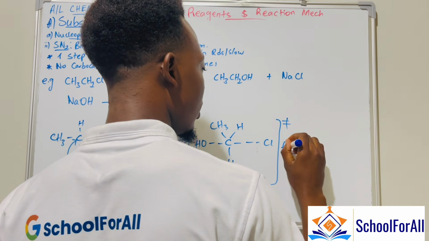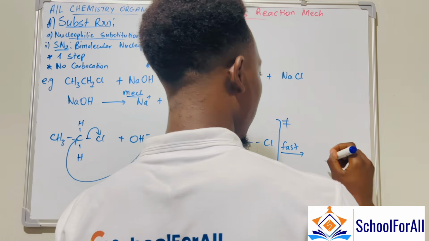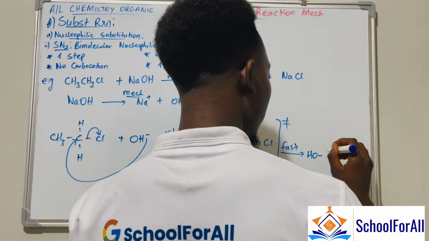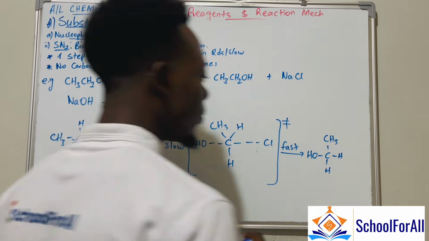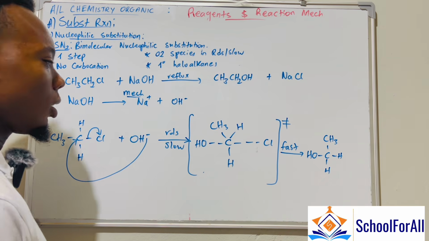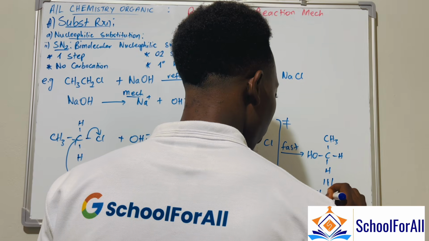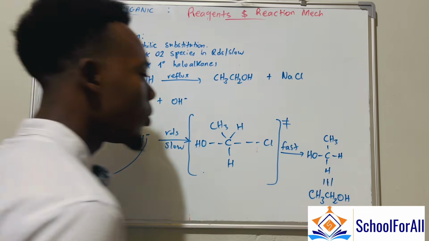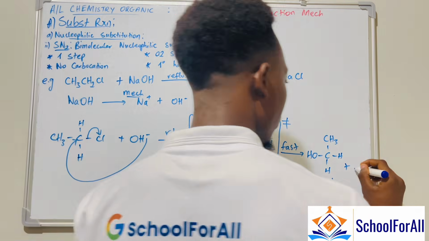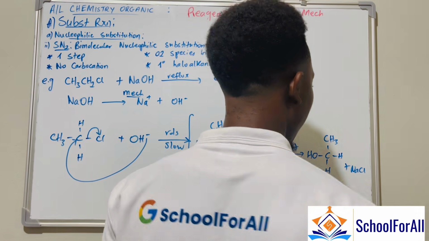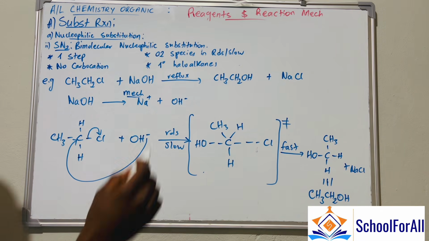Then the chloride will be completely removed, and I finally have CH3CH2OH with a change in configuration. And the chloride ion combines with Na plus to form sodium chloride. So that is what happens during the SN2 mechanism.